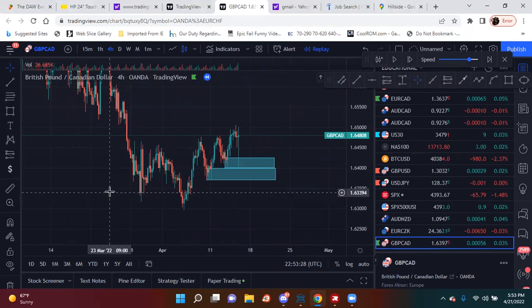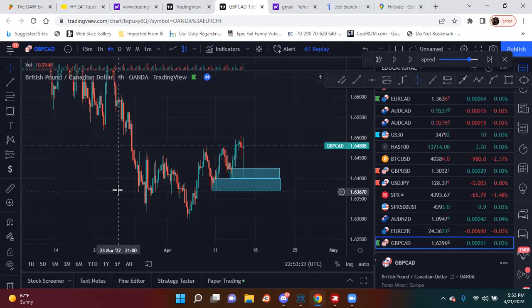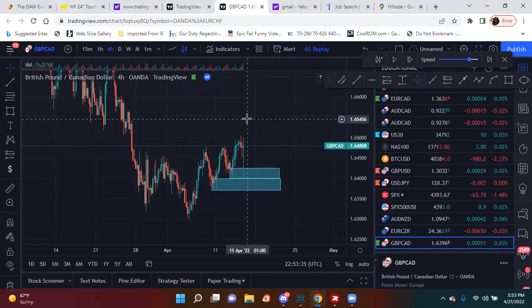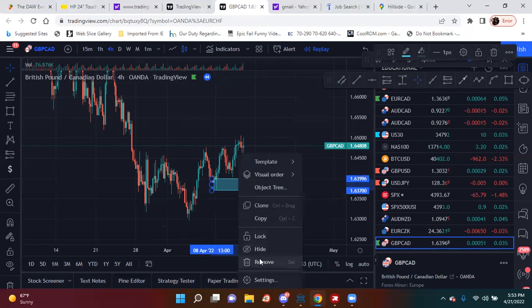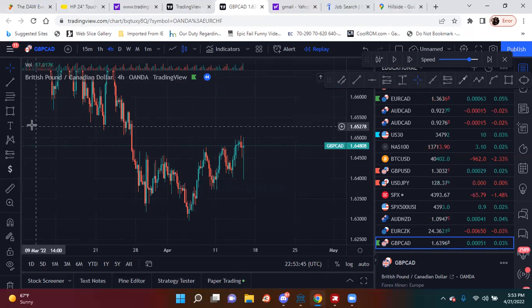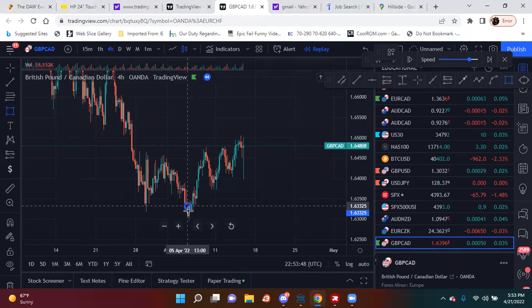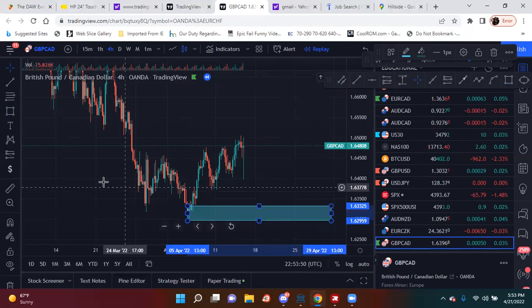But I knew that pound CAD wanted to go up, but it's not just gonna go up easily. So I took some buys off there and I got some little buys, but I got stopped out of some of them. What I was really looking at is this zone down here.